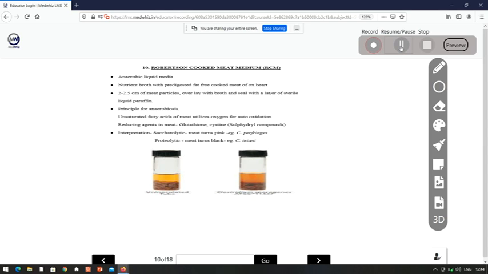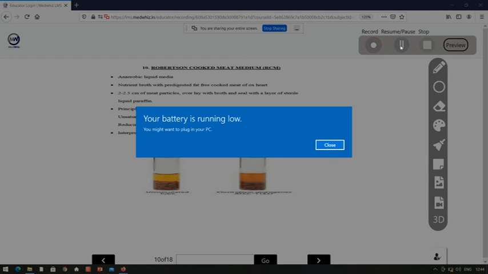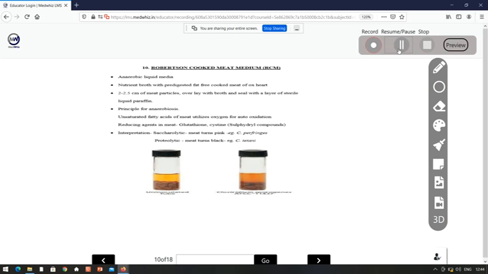How do we interpret the growth of these anaerobic bacteria? We can categorize them into saccharolytic or proteolytic.